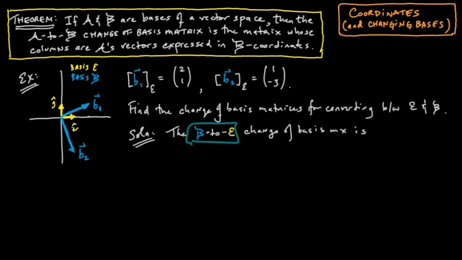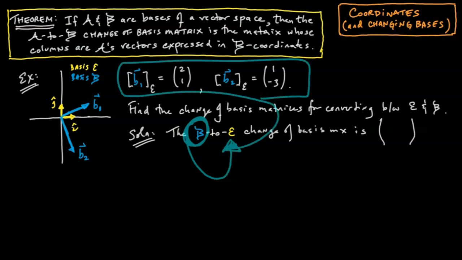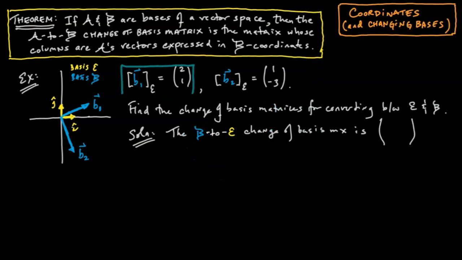The B to E change of basis matrix is something that is very easy to write down, because according to our theorem, its columns will be the vectors in basis B expressed in E coordinates. And that's exactly our given information here. Here we have the first vector in basis B expressed in E coordinates, in standard coordinates, which are 2, 1.